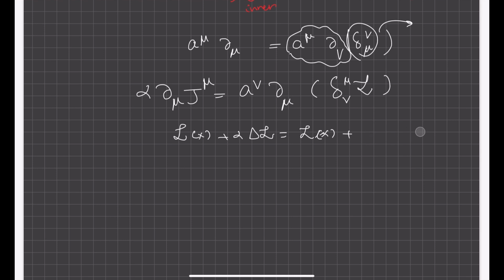So let me say I just actually use the opposite one. I choose the other index for a. So I keep the a mu and I change the derivative to nu. Sorry, I just changed the order. So that would be seen as Lagrangian plus a mu.